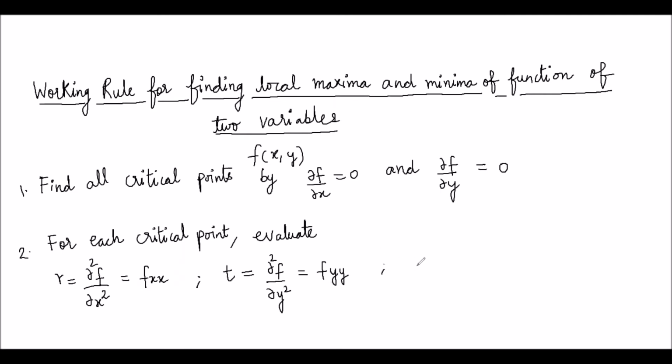The third notation is s, which is del 2f by del x del y, again a second order partial derivative, which can be written as f xy. So obtain the second order partial derivatives r, t and s at all the critical points.